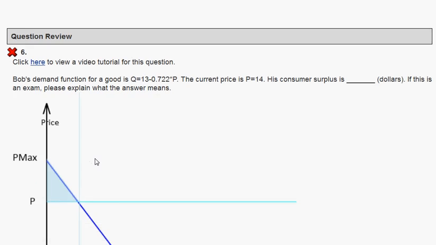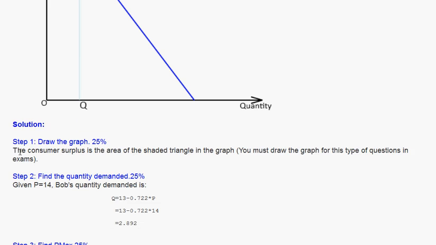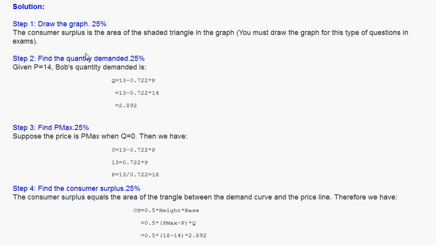Let's look at the solution. When the price is equal to P max, the quantity demanded is equal to 0. So we set the quantity demanded equal to 0 and solve for the price.